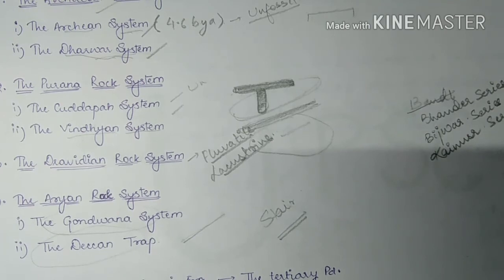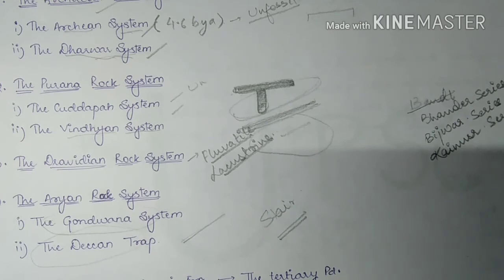The black soil, as we know, is the best soil for the growth of cotton. These type of rocks are found in major parts of Maharashtra, Gujarat, Madhya Pradesh, Tamil Nadu, and Andhra Pradesh. And this Deccan Trap is rich in quartz, bauxite, magnetite, semi-precious stone, and it is also rich in magnesium, carbonate, potash, and phosphate.